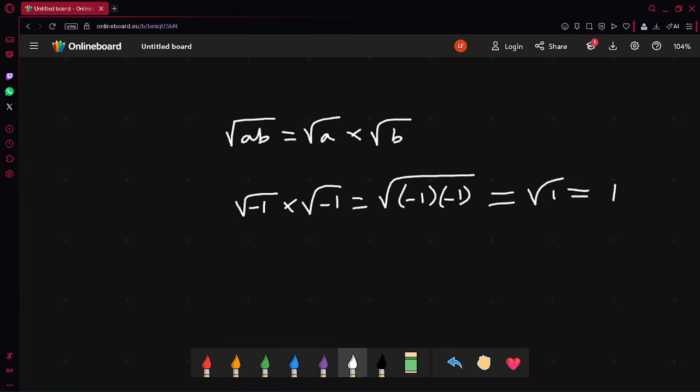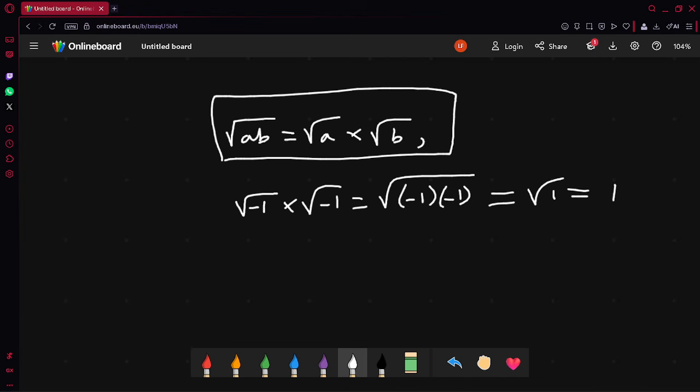So i squared should be equal to 1. And the reason this isn't true is because A and B have to be opposite signs, or both of them have to be positive. This rule doesn't work for complex numbers. This identity is for real numbers. And as you can see, we are dealing with complex numbers.